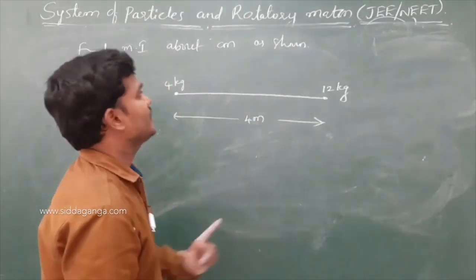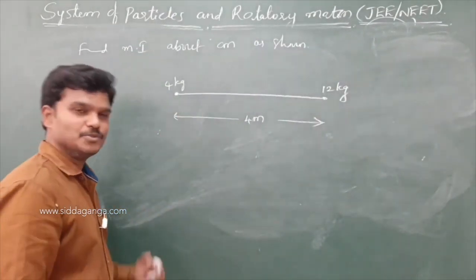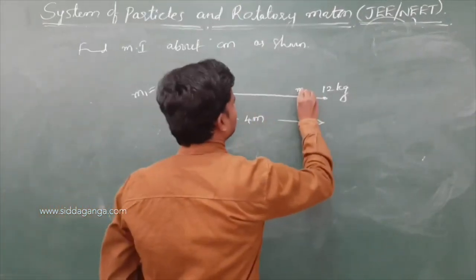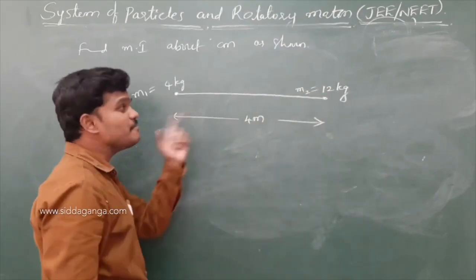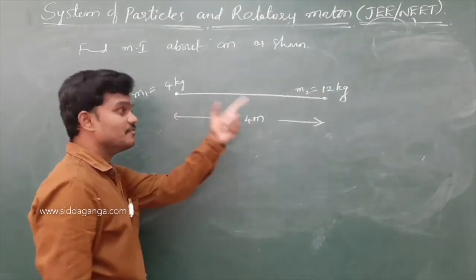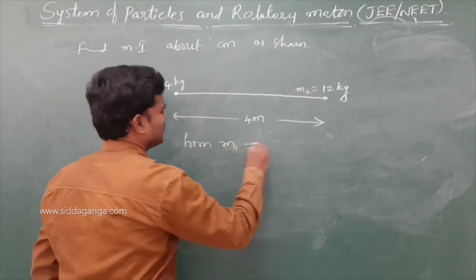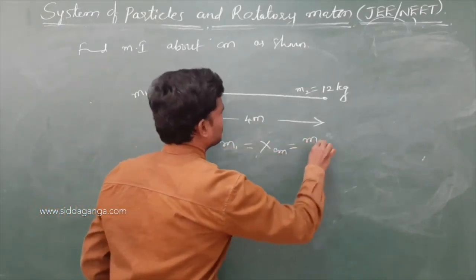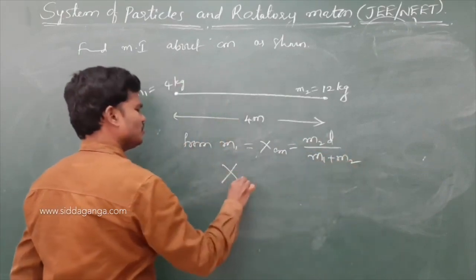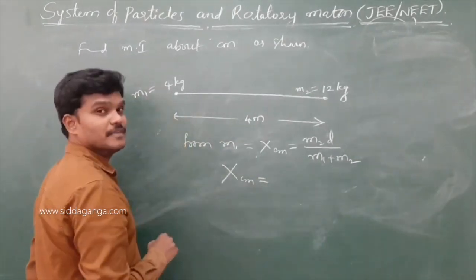Now the target is to find the moment of inertia about the center of mass of the system. You already know that if this is m1 mass and this is m2 mass, then there will be a center of mass. From m1, xcm is m2 d by m1 plus m2, the distance of the center of mass from m1.